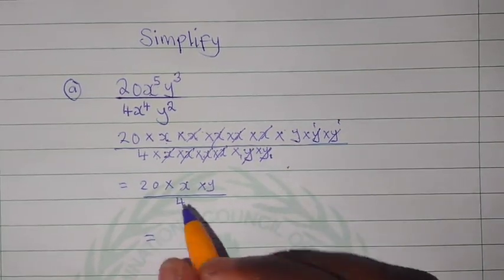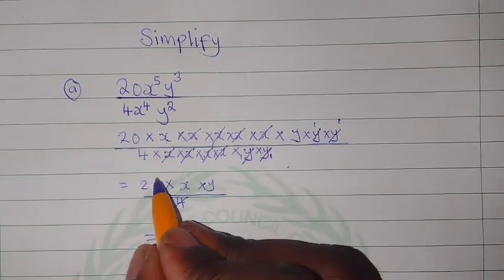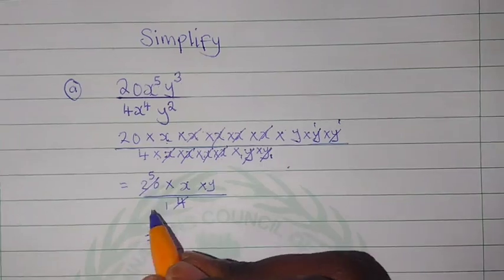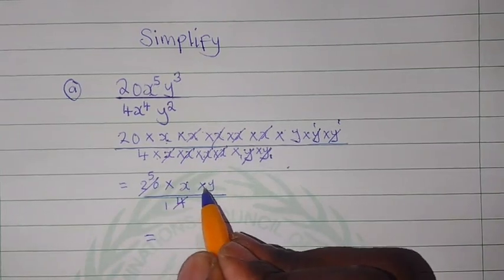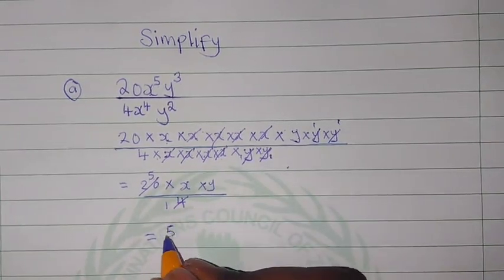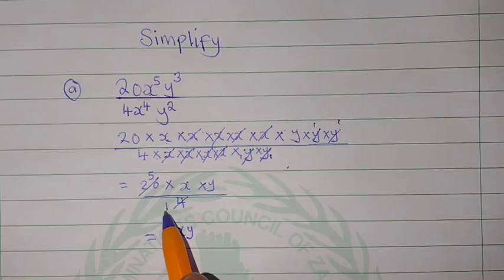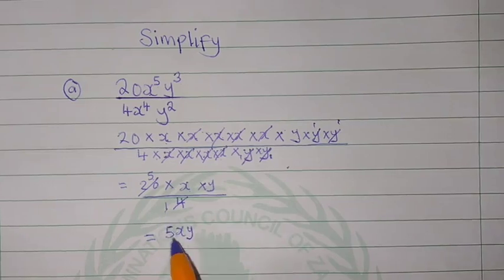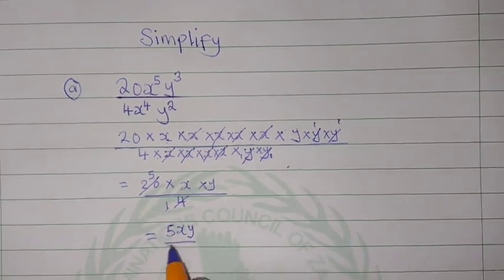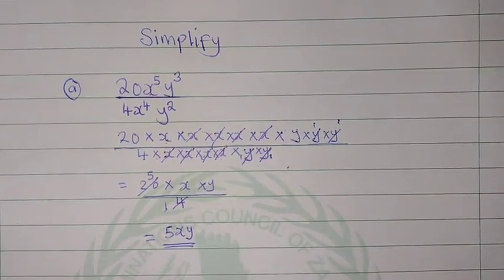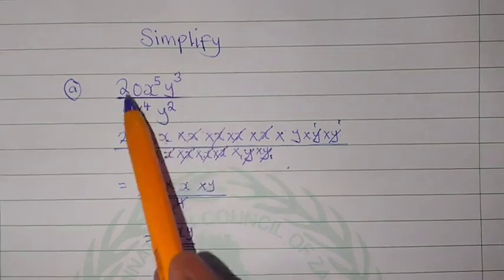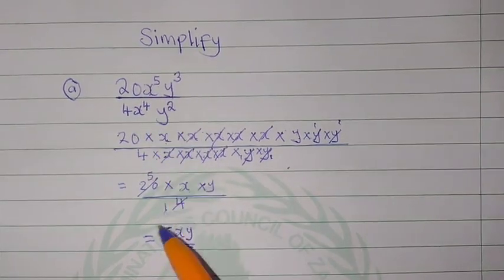So here 4 into 20, it's a 5. 5 times x times y, you are going to get 5xy. Then the denominator it's a 1, so even if you say 1 into 5xy, you get the same 5xy. So this is our answer. That means we have simplified this algebraic expression that we are given into this.